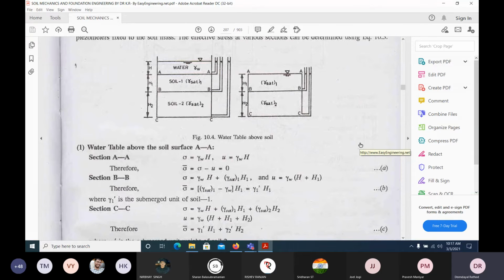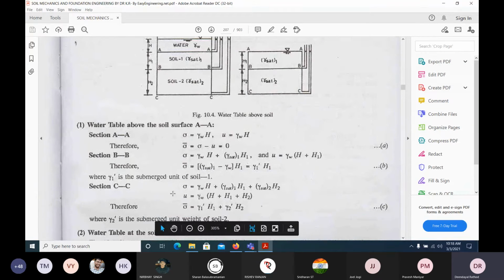Now, if I ask what the pore water pressure there is, when you insert a tube, again the water will rise up to the water table, that is gamma W multiplied by H plus H1. Then what is the effective stress? Total stress minus pore water pressure U. It means gamma dash, the submerged unit weight, into H1. Understand? Is it changing anything here with that water table? Nothing is changing, right?